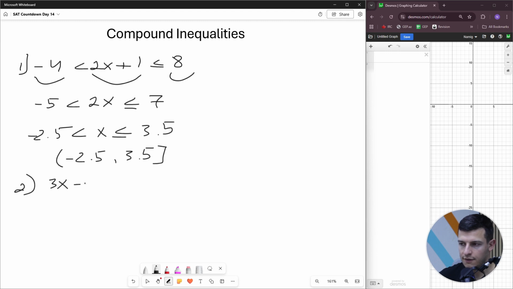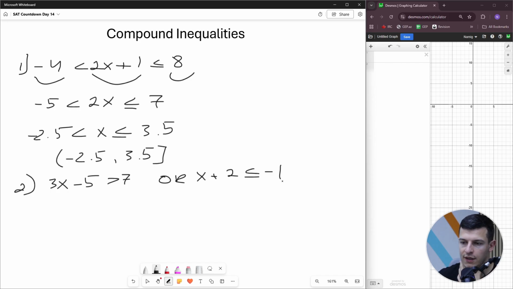3x minus 5 greater than 7, it says, or x plus 2 less than or equal to -1.